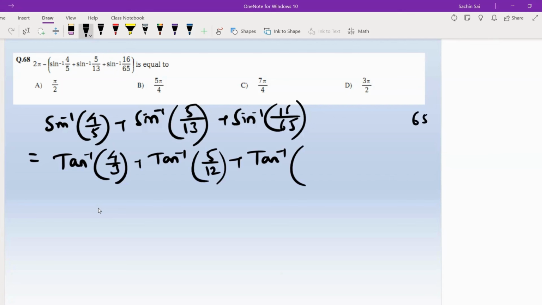So 65 square minus 16 square is 81 into 49. Yeah, so this will be tan inverse of 16 by 7, 9 into 7, 63. Right? You can convert sine inverse 16 by 65 into tan inverse, you get tan inverse 16 by 63.